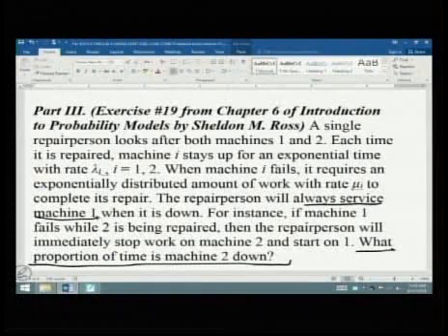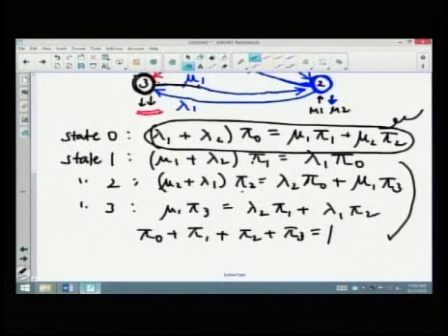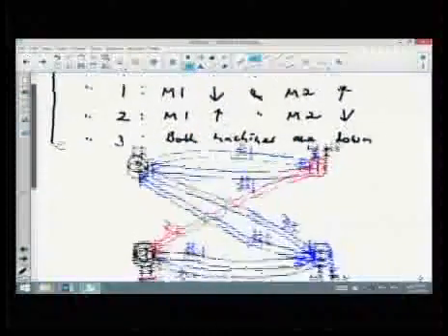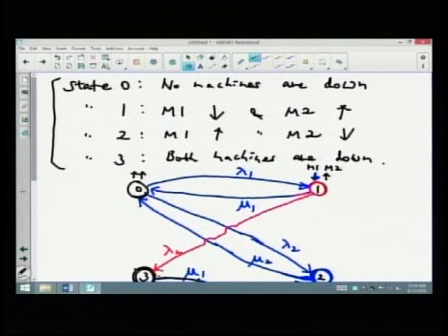So, how do you answer that? Machine 2 is down. How do you go back to see how we define the state of system? So if you look at this, state number 0, machine 2 is up, right? Here, machine 2 is up. How about this? State number 2, machine 2 is down. State number 3, machine 2 is down.